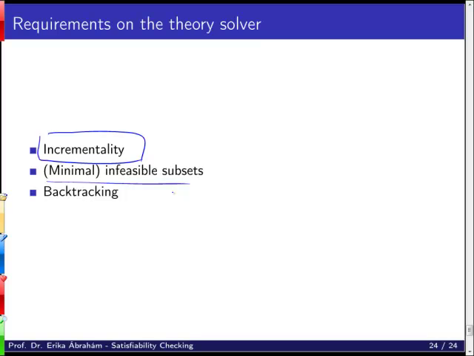This can also be changed, so we could remember the history of pivoting. And if you find a conflict, then we could basically undo some of the pivotings, but we can also leave the tableau as it is. If it was satisfiable, then by undoing something, it will remain satisfiable.